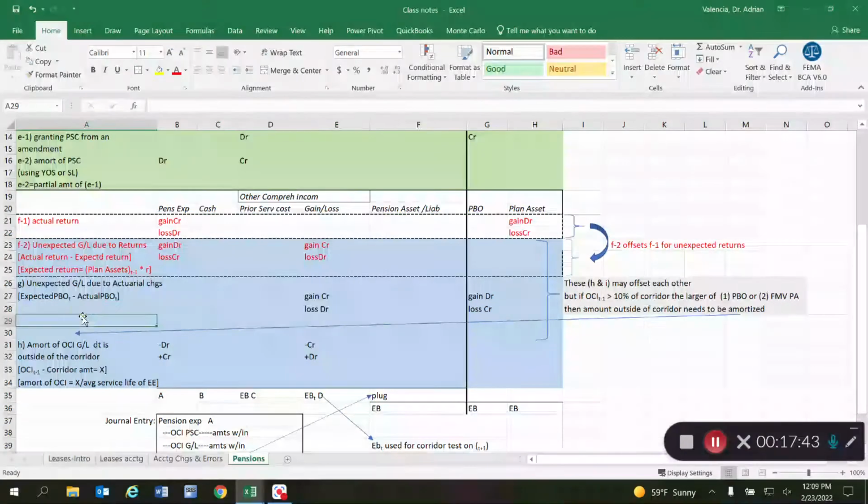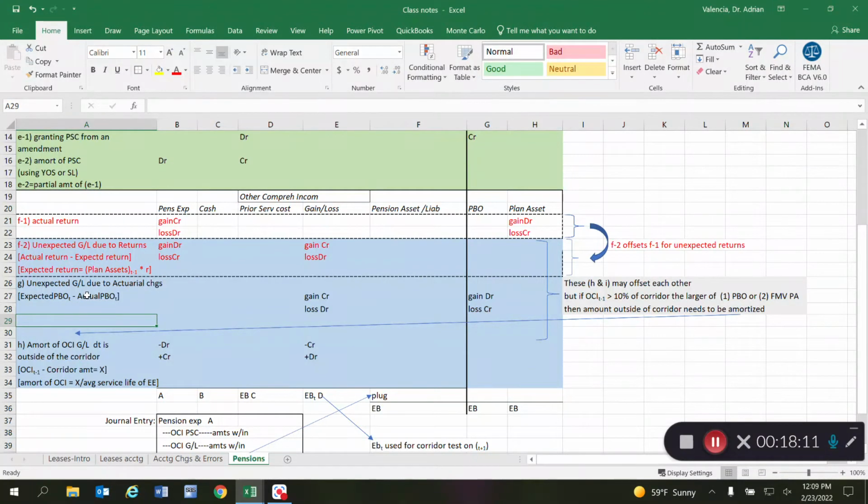The other thing that can occur is unexpected gains or losses due to actuarial changes. And this could be based on many attributes that the actuaries reestimate, and then all of a sudden what the expected projected benefit obligation is changes because of these actuarial changes.